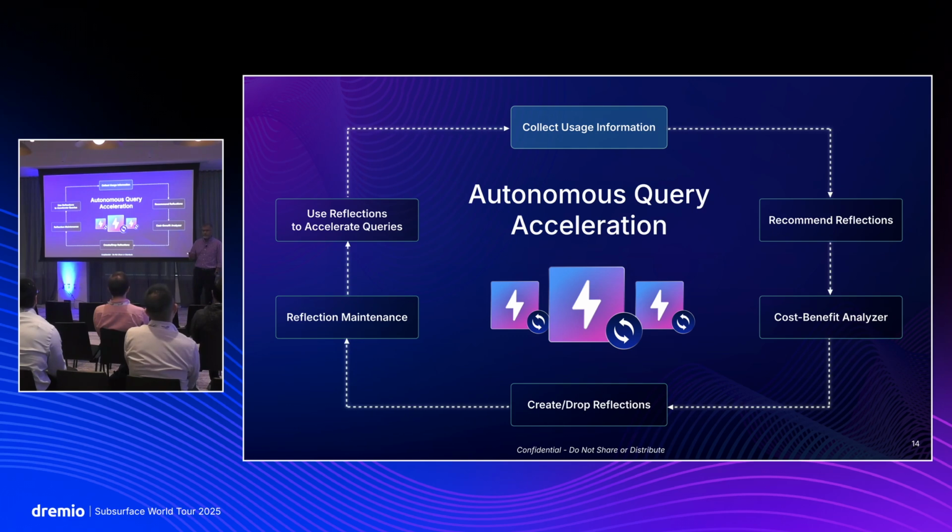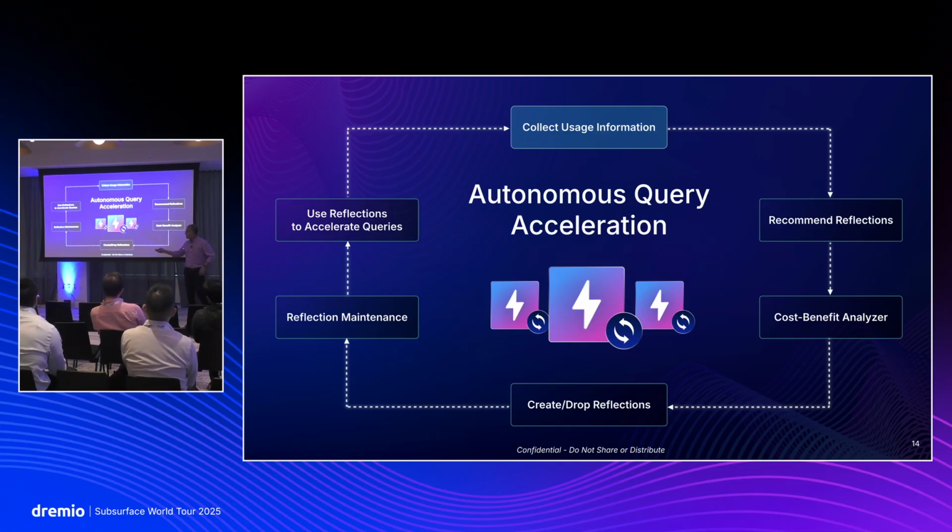The recommendations for reflections then get scored based on the return value that each recommendation can generate. And similarly, the existing reflections that Dremio has automatically created get scored based on the value that they produce. And so now I have two scored lists.